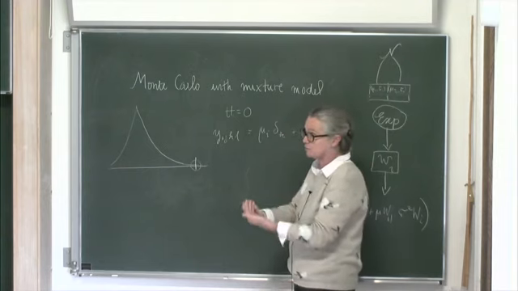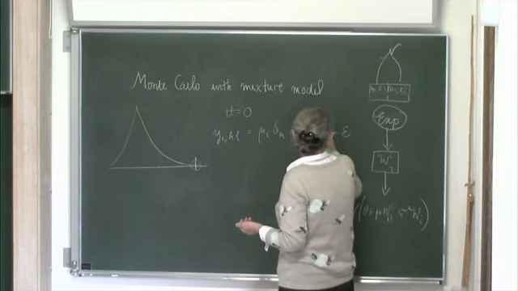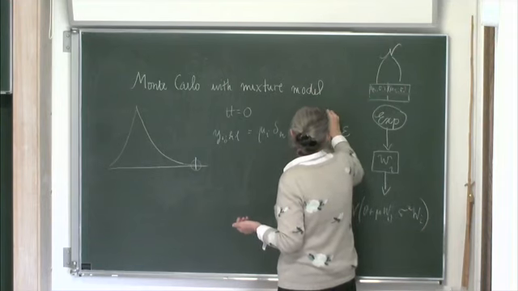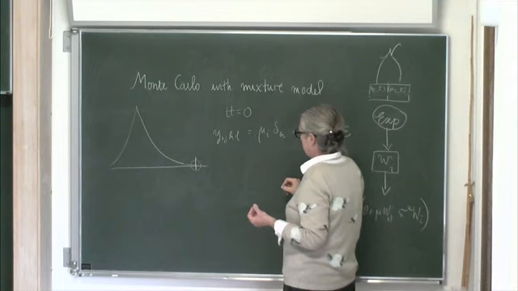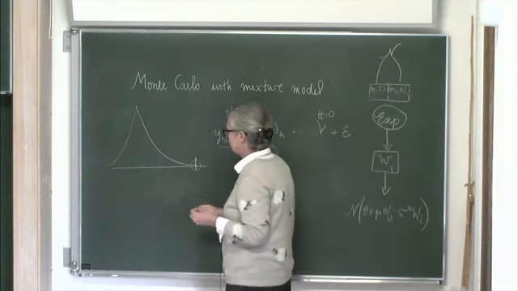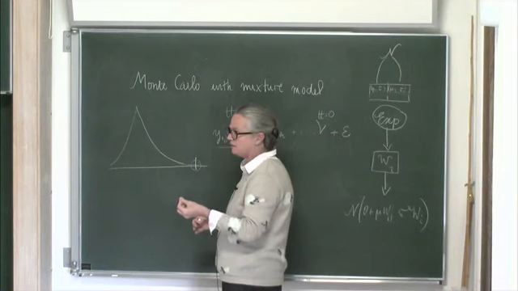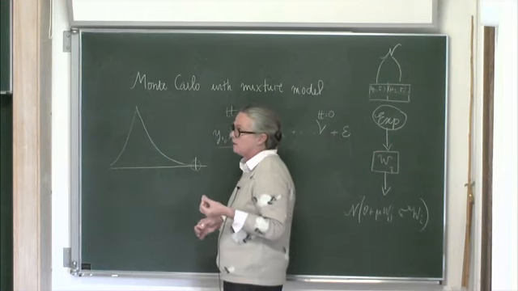This is the way I do the bootstrap: you generate data with the null here, the treatment equals 0, and then you look at whether the values you get on your data are extreme or not.